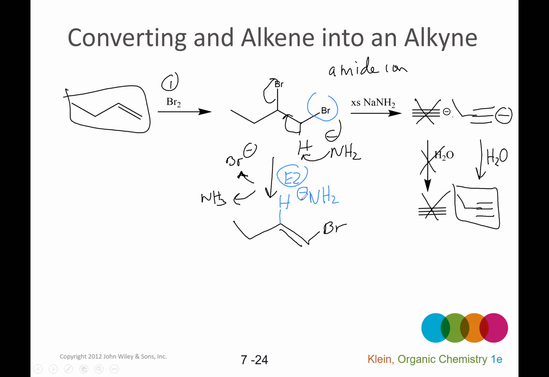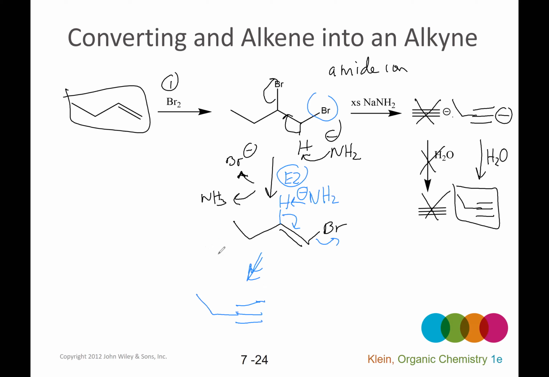So the second equivalent now takes off this hydrogen. These electrons go in here, kick out the leaving group, and that gives you the 4-carbon alkyne, butyne.